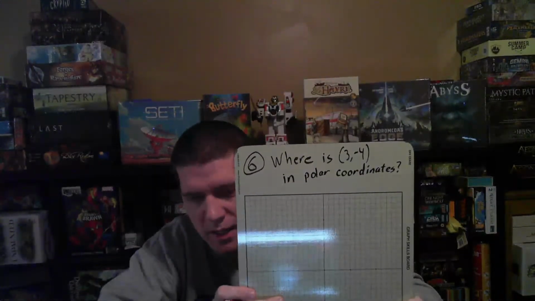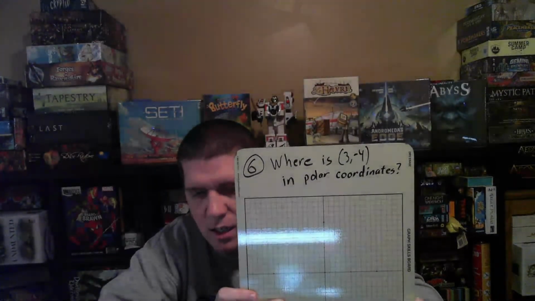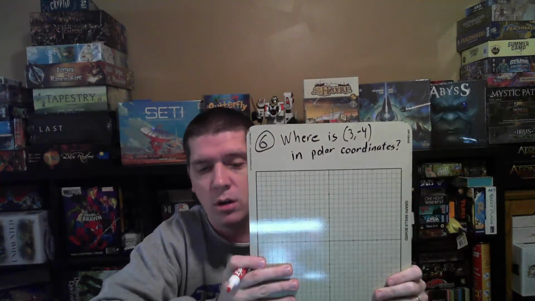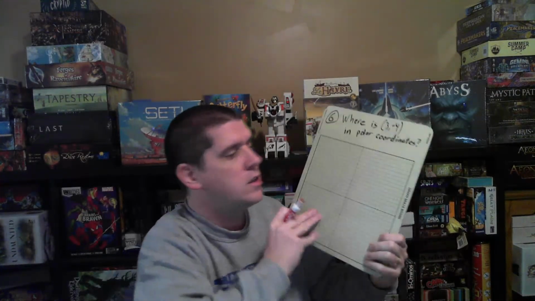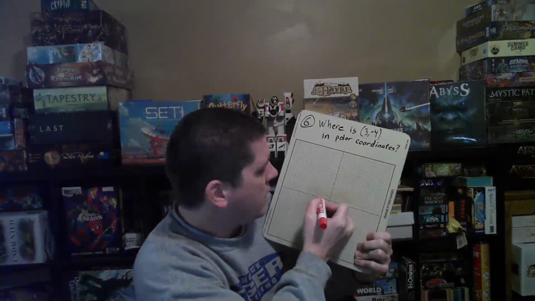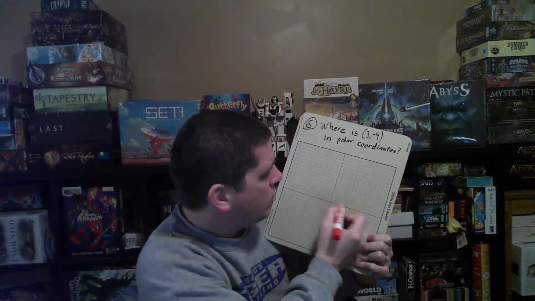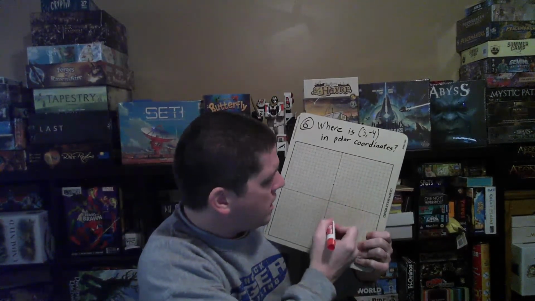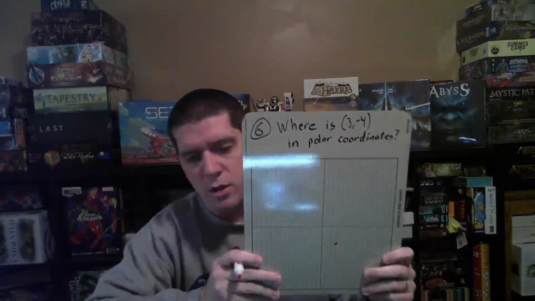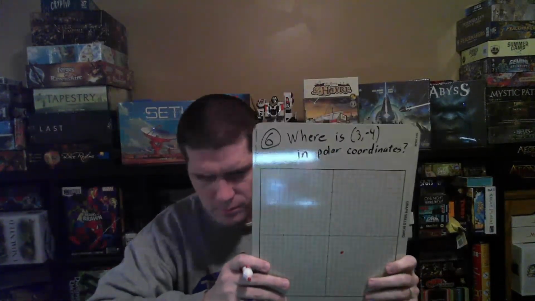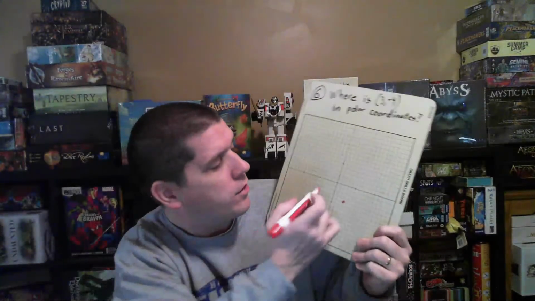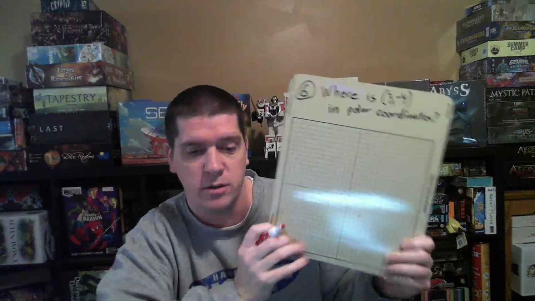That brings us back to this idea of asking, where is 3 comma negative 4 in our polar coordinates? So 3, negative 4 would be right here. And I just realized one thing I forgot to say: 3 comma negative 4 would be down here in this quadrant.